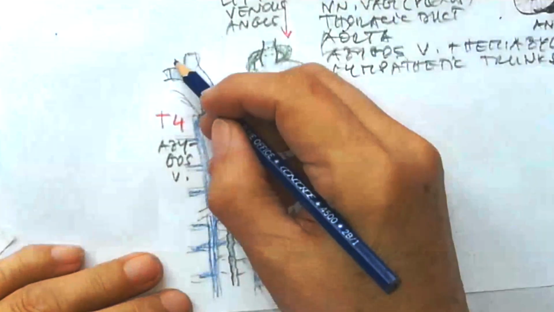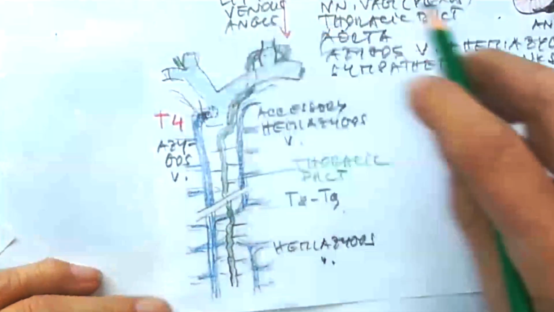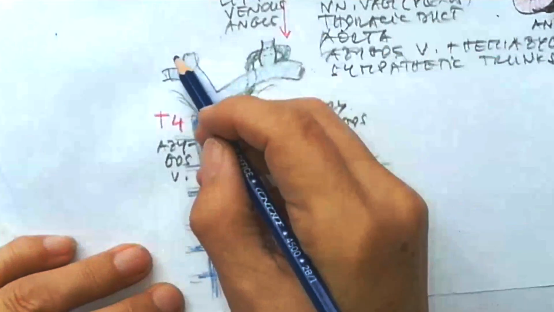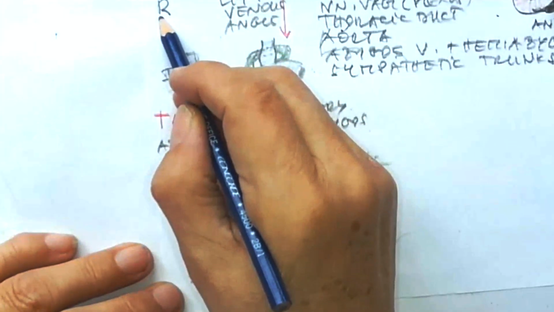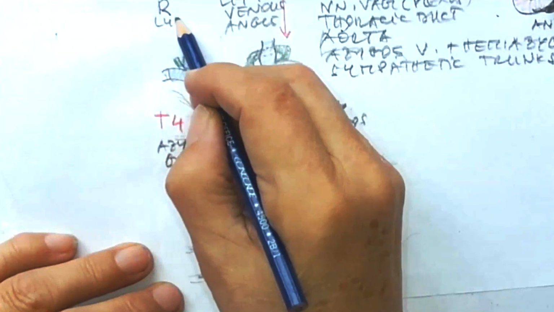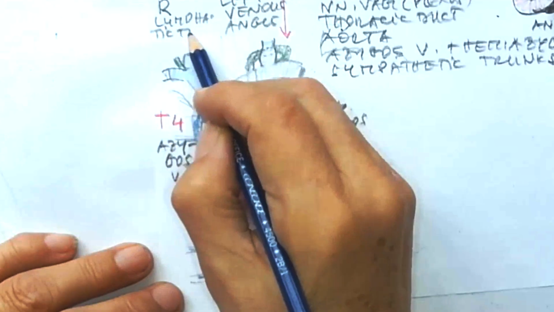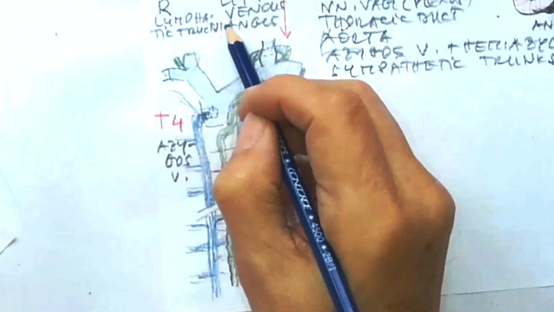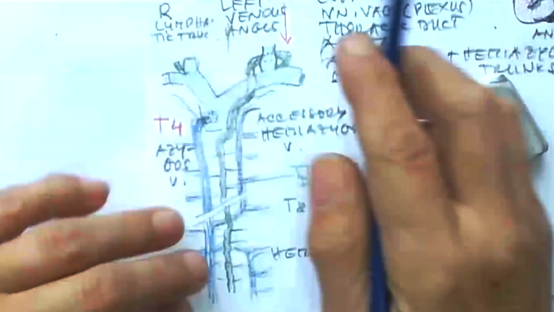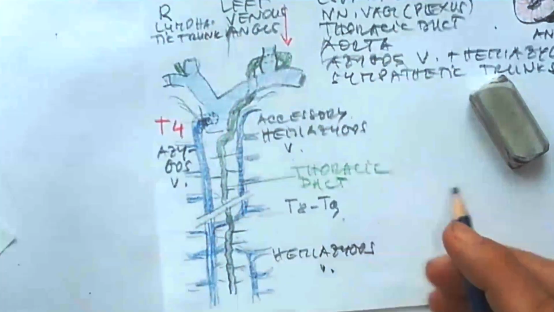1/4 of the body is drained into a very short, around 1 centimeter long, right lymphatic trunk or duct. Now it must be improved: angle, trunk or duct.